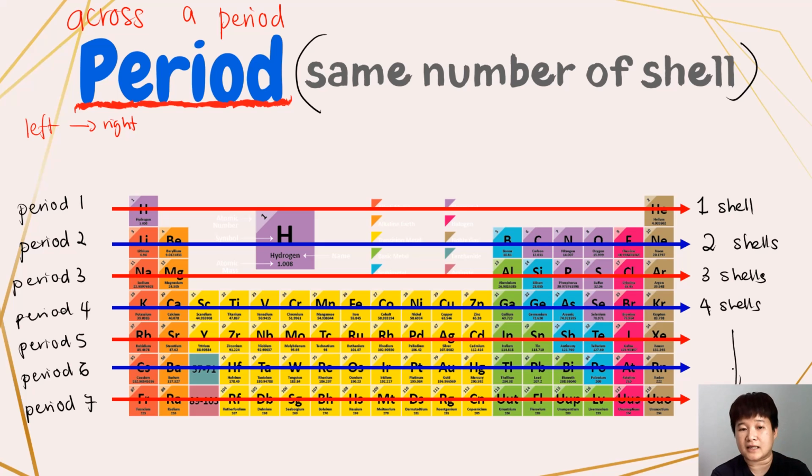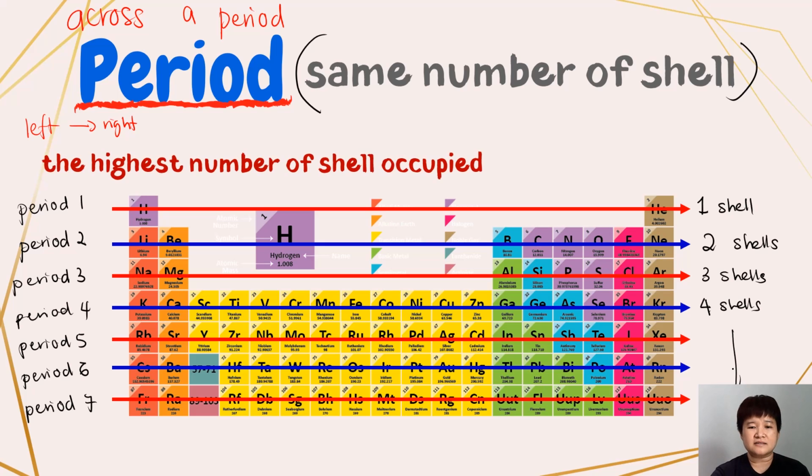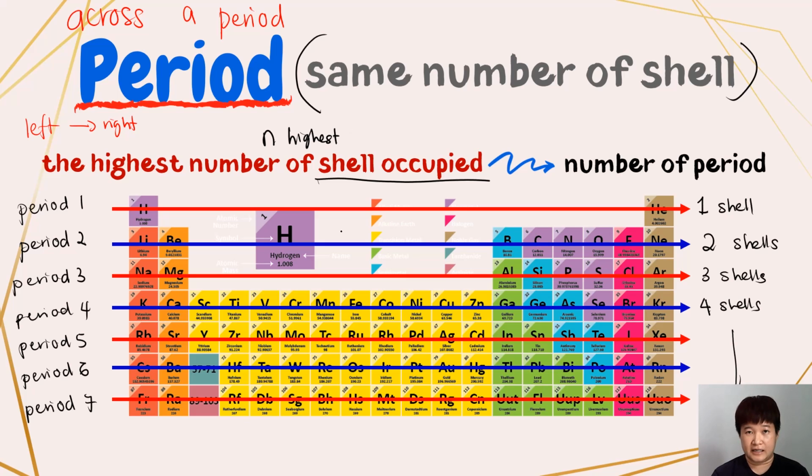How do I identify the period of an element by using electronic configuration? Very, very simple. The highest n that the electrons occupy will be the period of the element.